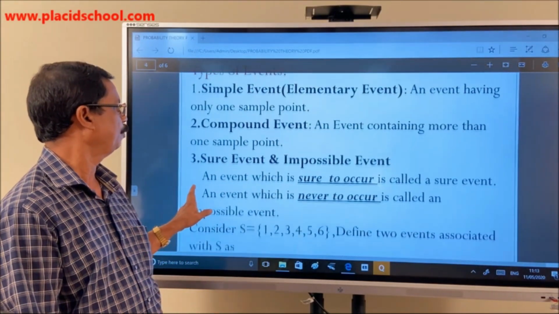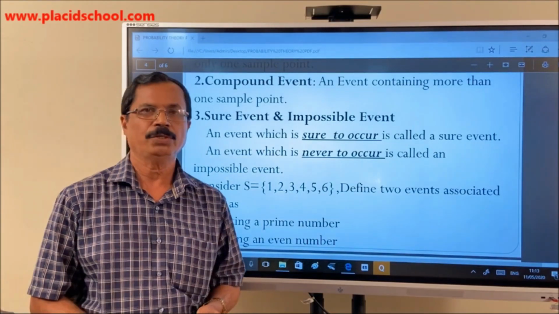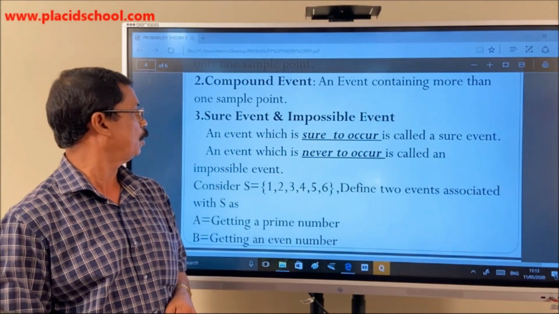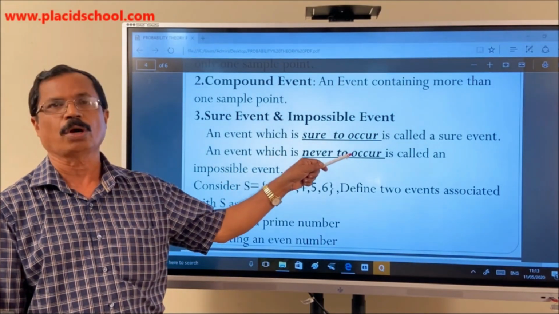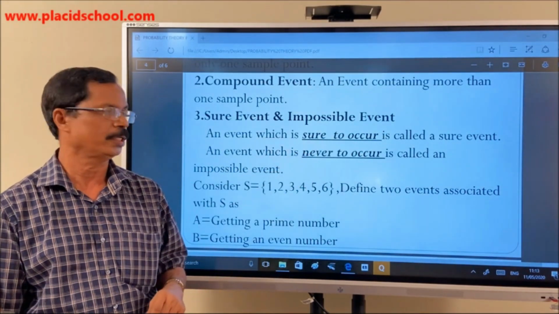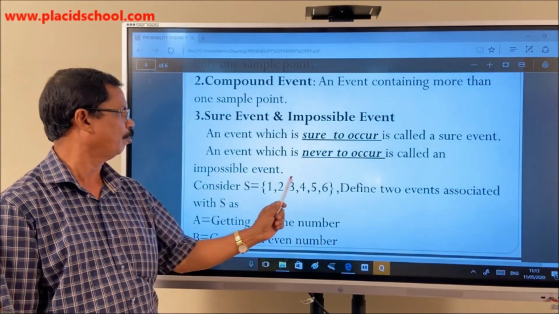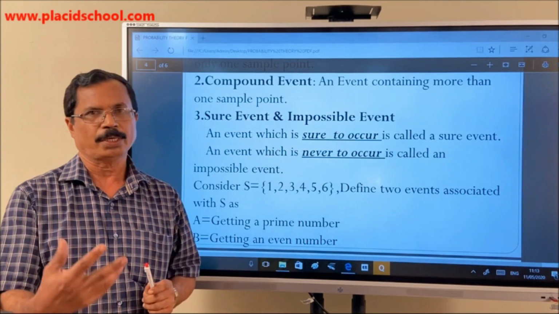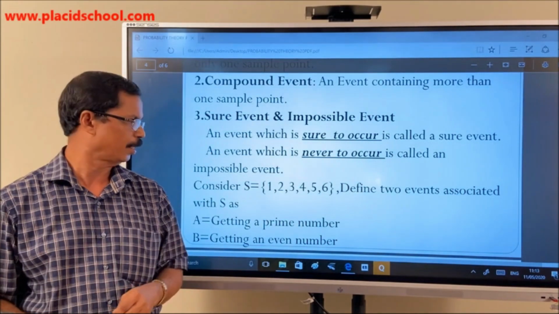Then third one, sure event and impossible event. These two terms are very important. So what is a sure event? An event which is sure to occur is called a sure event. An event which is never to occur is called an impossible event. Suppose you consider the random experiment of throwing a die.